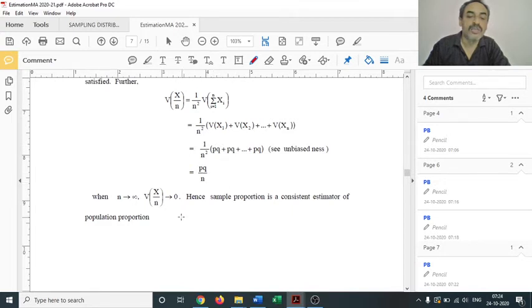When n tends to infinity, V of x by n tends to 0. Hence, sample proportion is a consistent estimator of population proportion. Therefore, sample proportion satisfies both elimination rounds. It is unbiased and also consistent. Sample proportion is an unbiased and consistent estimator of population proportion.